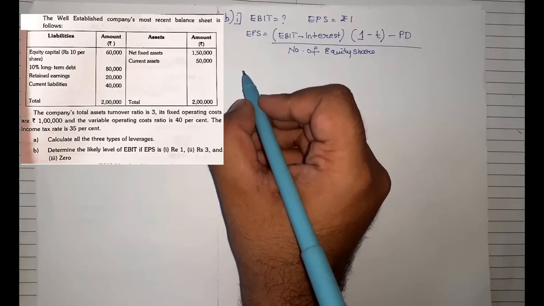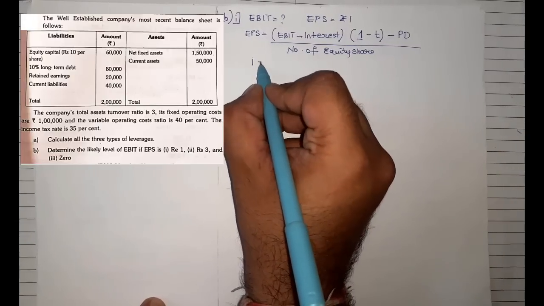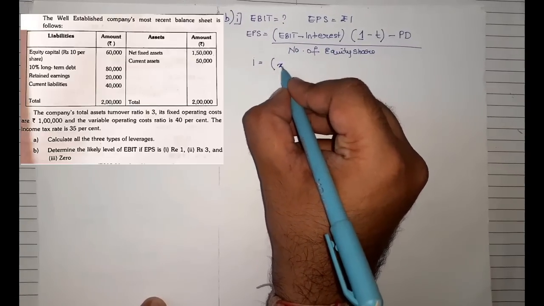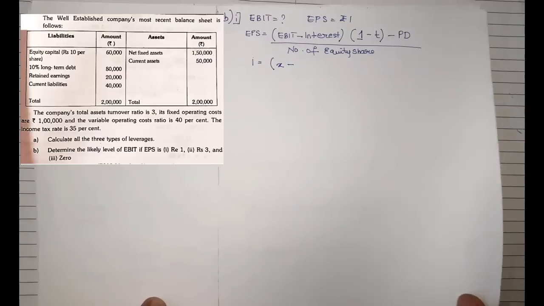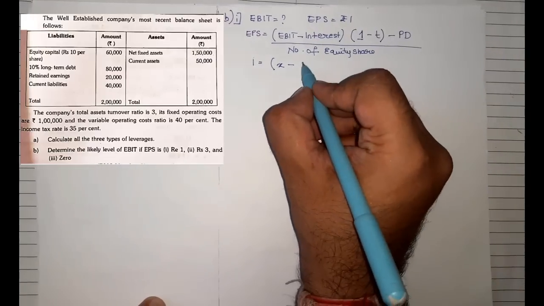Now let us see how we can substitute the values. EPS is rupees 1, bracket, EBIT I have to find, so I'll keep that as X. Interest, we have already found in the previous part, is 8,000.